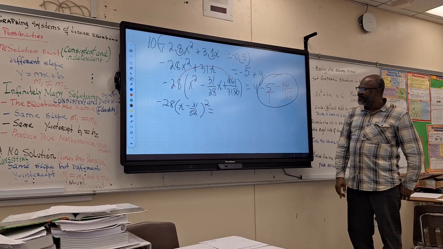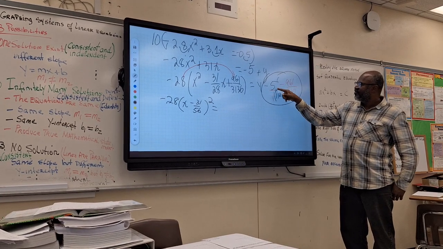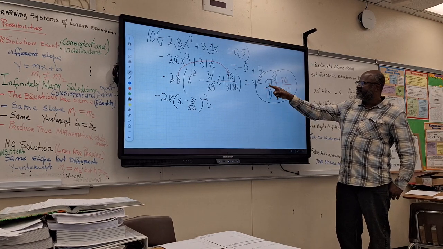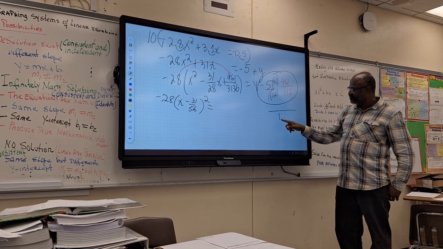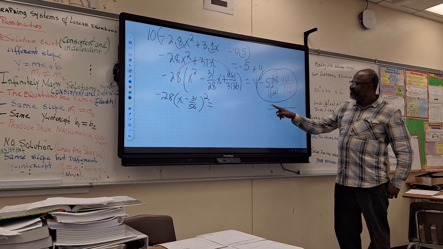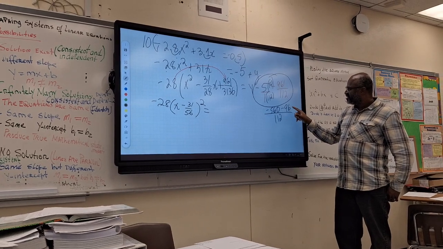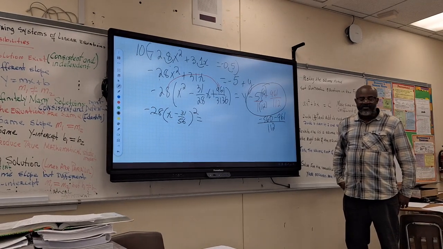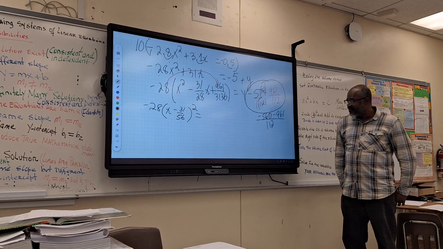What would be our common denominator? Multiply by 112. This is a big negative number. What is this times 112? Negative 560 minus 961. Everything is over 112. So what is it now? Calculator, people.